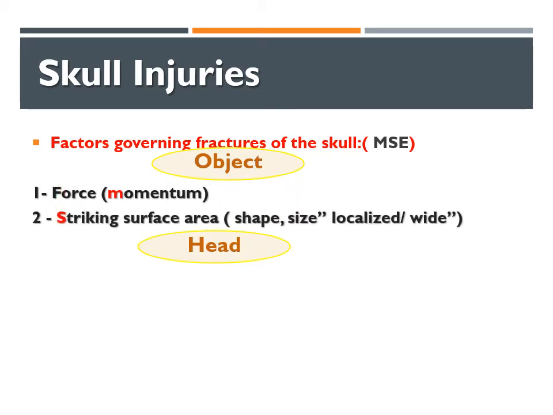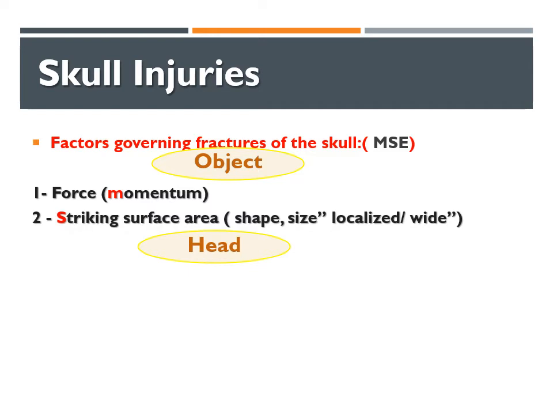Or striking surface area, which may be localized or wide striking surface area. Making what? Localized striking surface area, making localized depressed fracture. And wide striking surface area, making what? Making depressed comminuted fracture or fissure fracture.